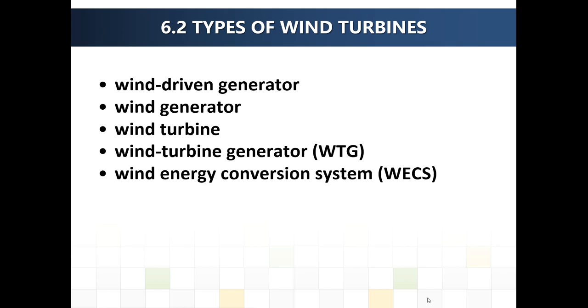Section 6.2, types of wind turbines. These slides provide a number of technical terms to talk about wind generators. The wind generator can also be called a wind energy conversion system or wind turbine.